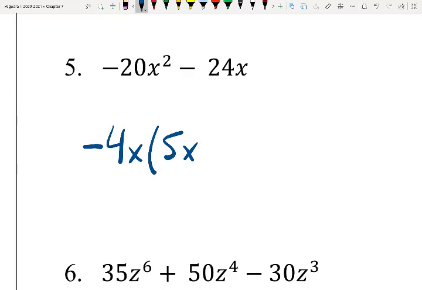For my second term, negative 4 times a positive 6 gets me back to negative 24, and the x is already there. So 5x plus 6 would be my final answer, the factored version of that original binomial.